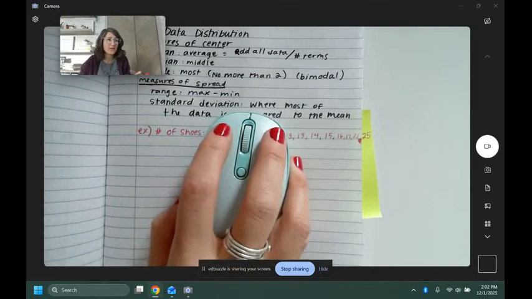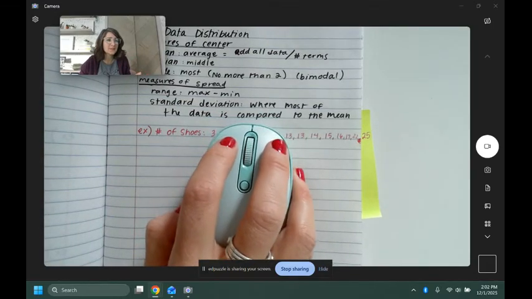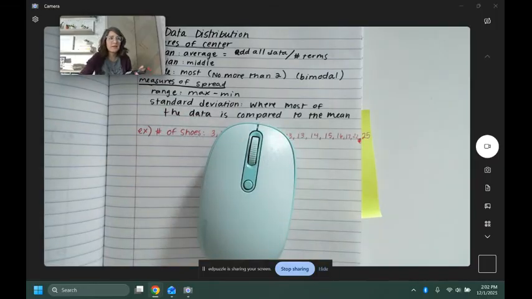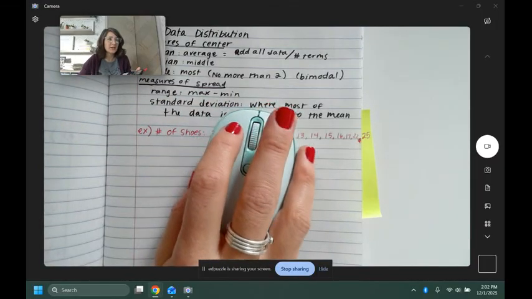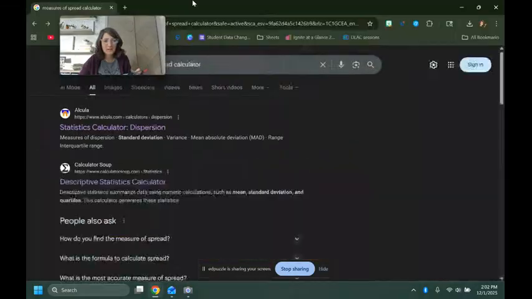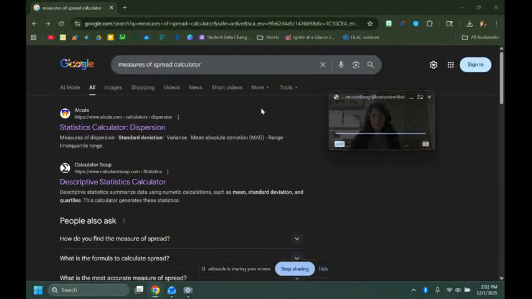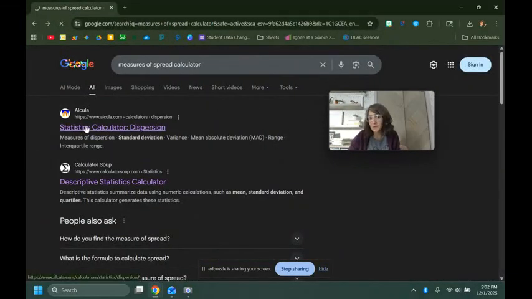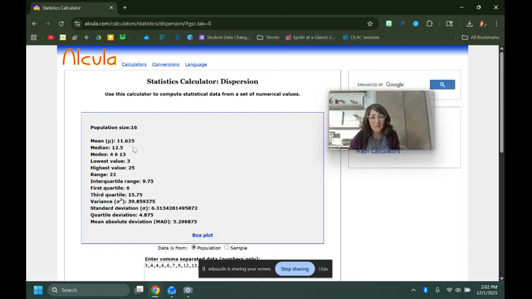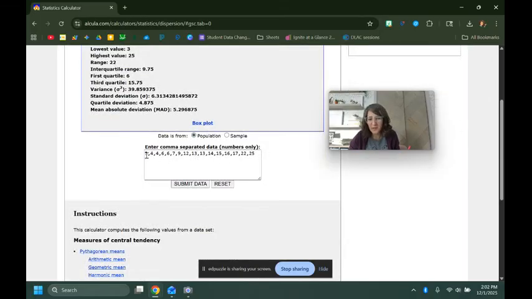I also just found this statistics calculator. I just searched in Google measures of spread calculator, and this was the first one that came up. I already entered the data, so it's remembering it. You will just type in your data separated by a comma, submit.